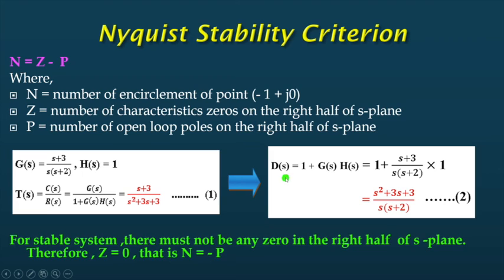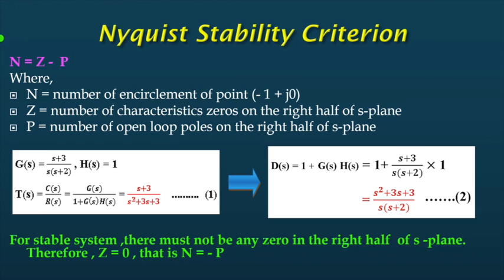So that's why in the G(s)H(s) plane, we consider the number of characteristic zeros, and this is the number of open loop poles. If you know the number of encirclements in the G(s)H(s) plane and the number of open loop poles on the right half of the S-plane, then you can easily determine the number of characteristic zeros on the right half of the S-plane.